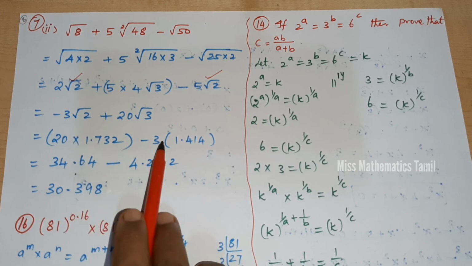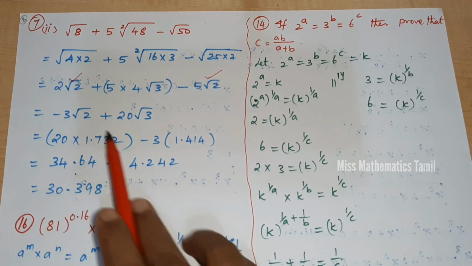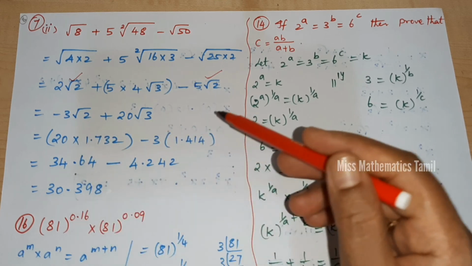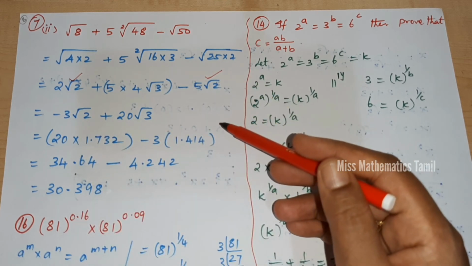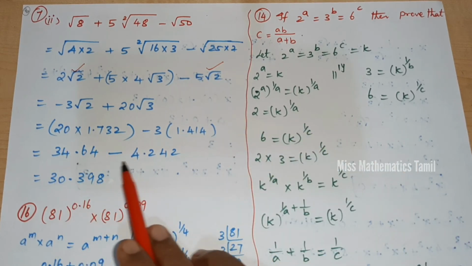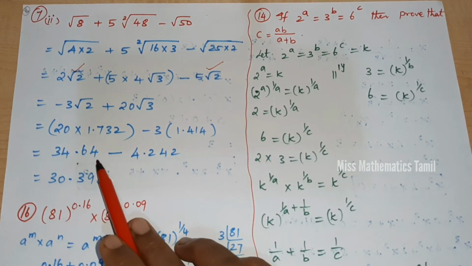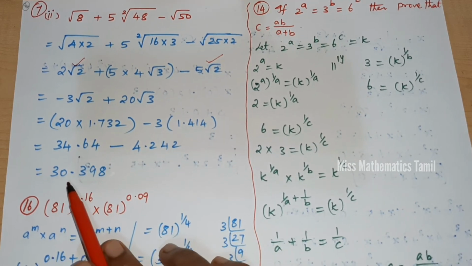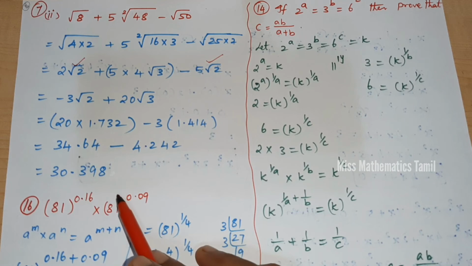Minus 3, what is the value of root 2? 1.412. Sometimes these values are already given in the question. Okay. So after multiplying these two and subtracting, 34.64 minus 4.242 gives 30.398.